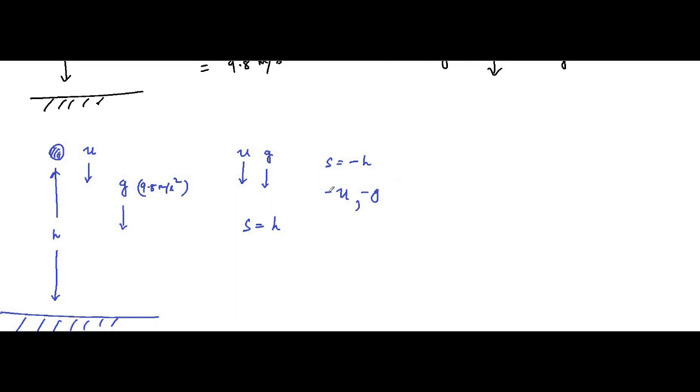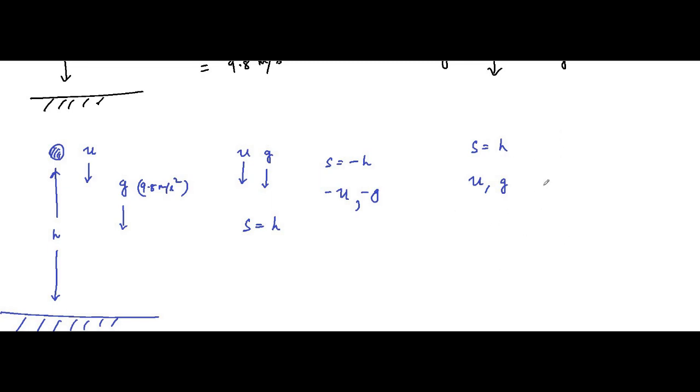But I say don't create all this confusion, avoid it. It is not wrong, but it will create unnecessarily a lot of doubts in your mind. So simply write S is equal to h, the total height above the surface of the earth. Here we will keep u as u, g as g.